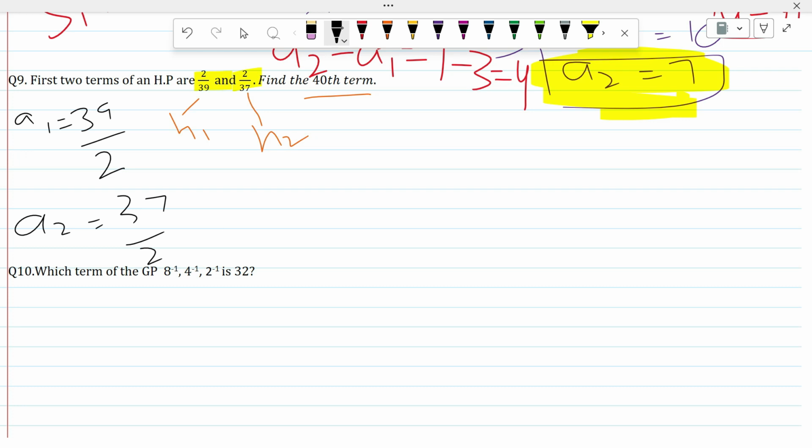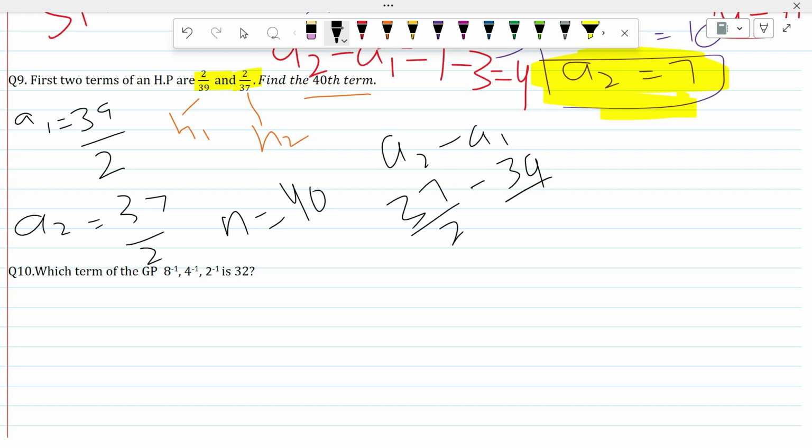I have N, which is 40, and I do not have the common difference. When you find the common difference, we will get A2 minus A1. If I subtract 37 upon 2 and 39 upon 2, what am I going to get? I think it would be minus 2, right? So now we have D also.